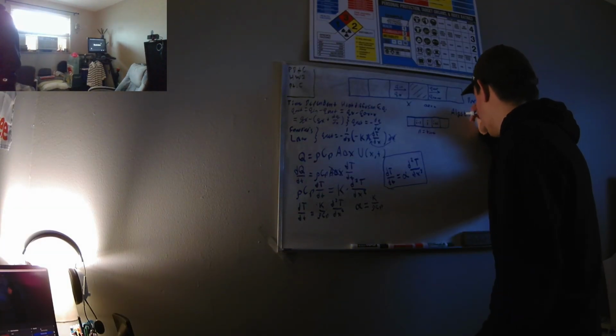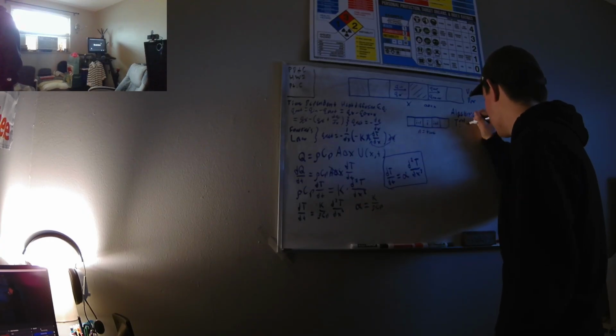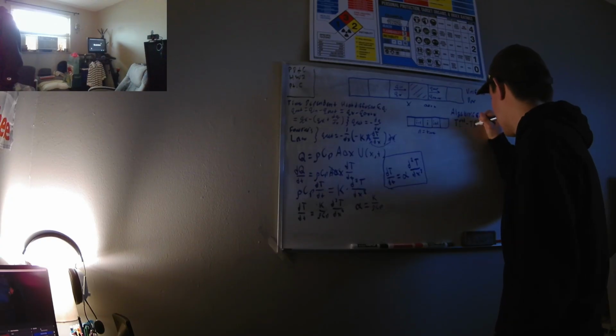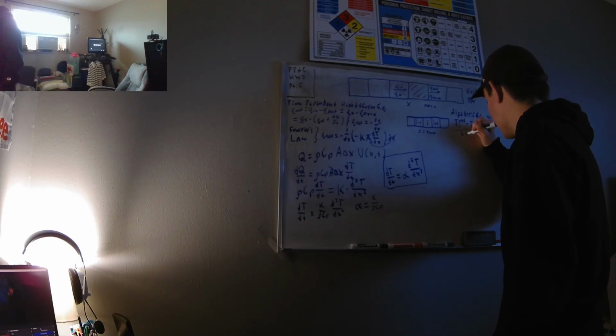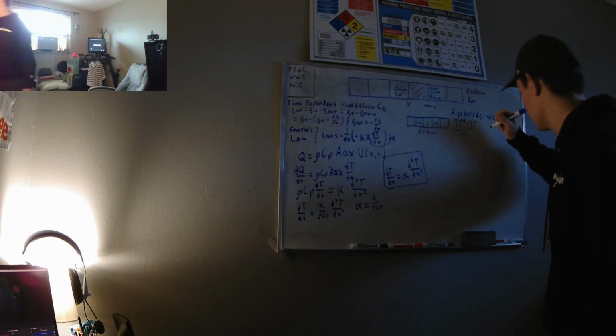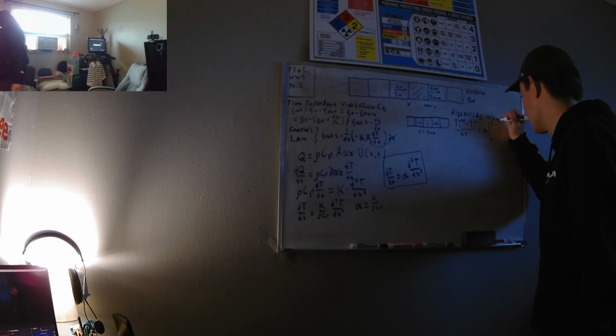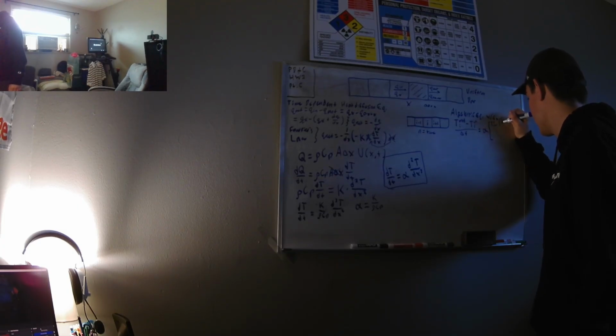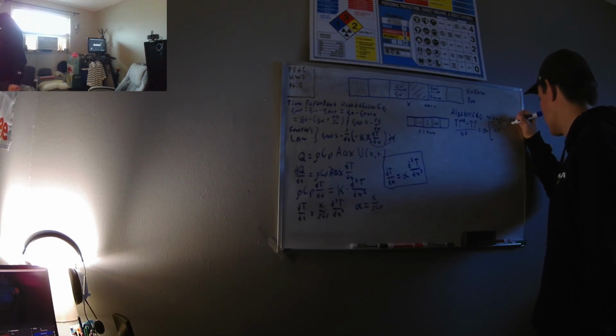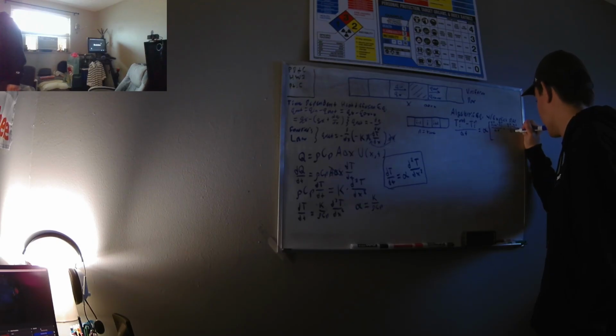Well, we know that our temperature at time n+1 at section i minus our temperature at time n at section i, over our change in time, is going to equal our alpha times our temperature at time n at section i+1 minus our temperature at time n at section i over our change in distance, minus our temperature at time n at section i minus our temperature at time n at section i-1, again over delta x, all over another delta x.